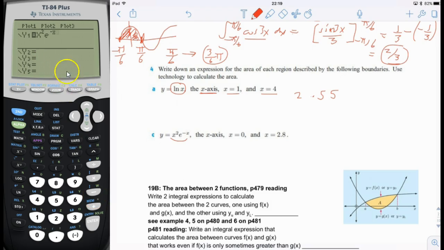And then we're going to do second calc integrate, which is option 7. And then we're going to give it the limits x equals 0 and x equals 2.8. So the lower limit is x equals 0, and the upper limit is going to be 2.8. And it tells us the answer is 1.06.